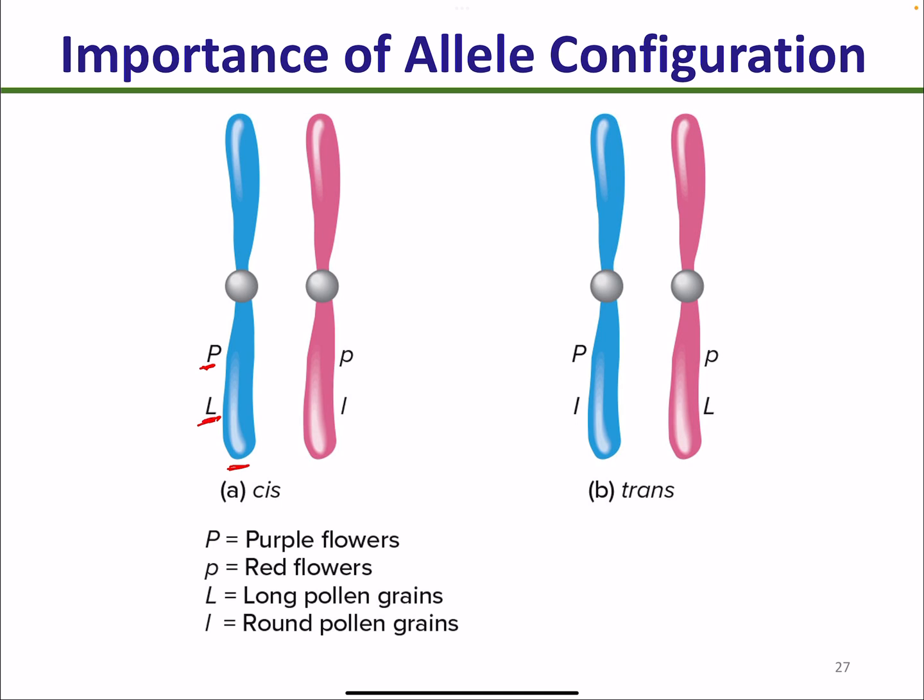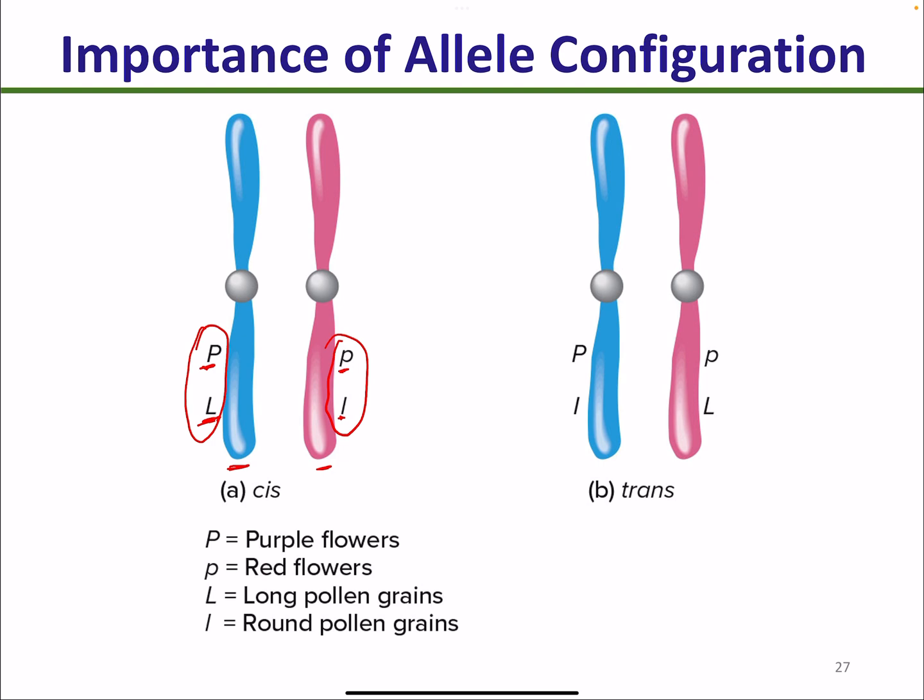From mom, the recessive allele here for red flowers, and the recessive allele here for round pollen grain. So these two dominant alleles for those genes are carried by the same chromosome, and the recessive alleles for the different genes are carried by the same chromosome.